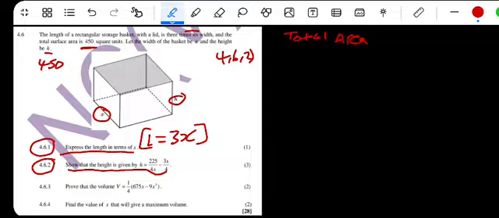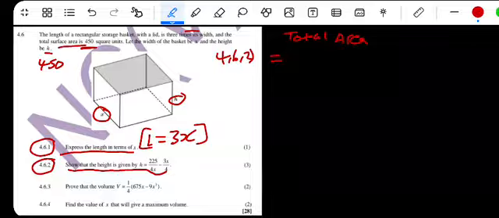We'll get that from our total surface area, because we want to prove that from the total surface area.